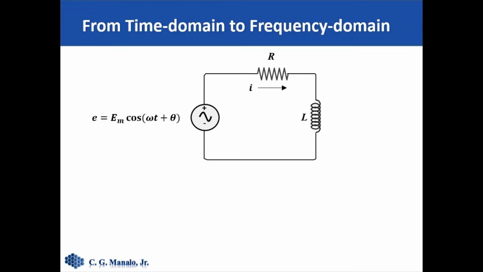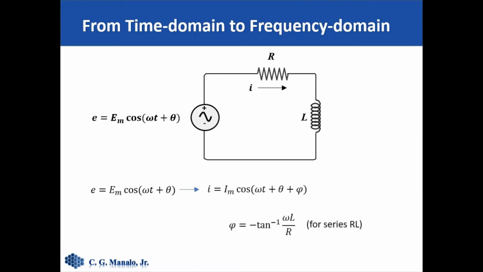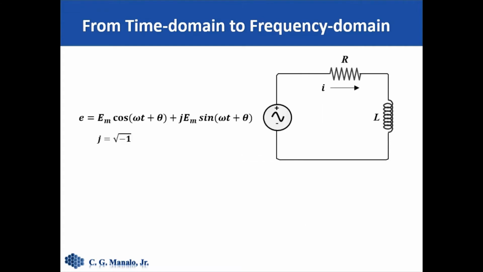Here we have a circuit which is excited by a sinusoidal forcing function. And we already know that if we apply this function, it will yield a steady state response that would look like this, where phi there is given by this formula for a series RL. Let's say I will add to my source another source, which is this one.